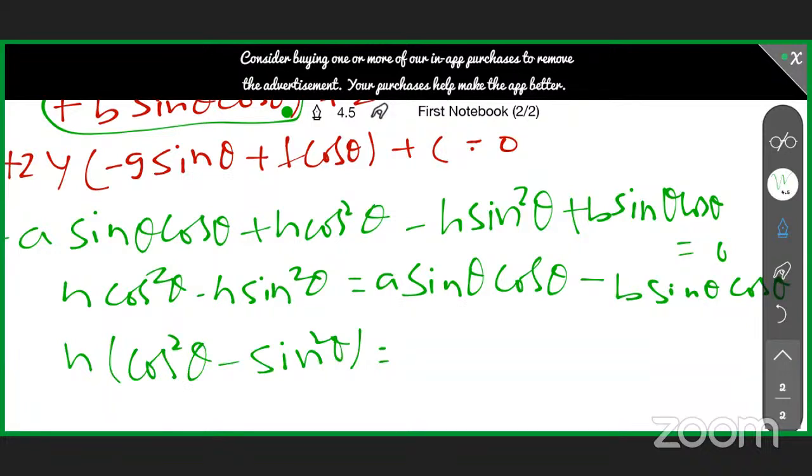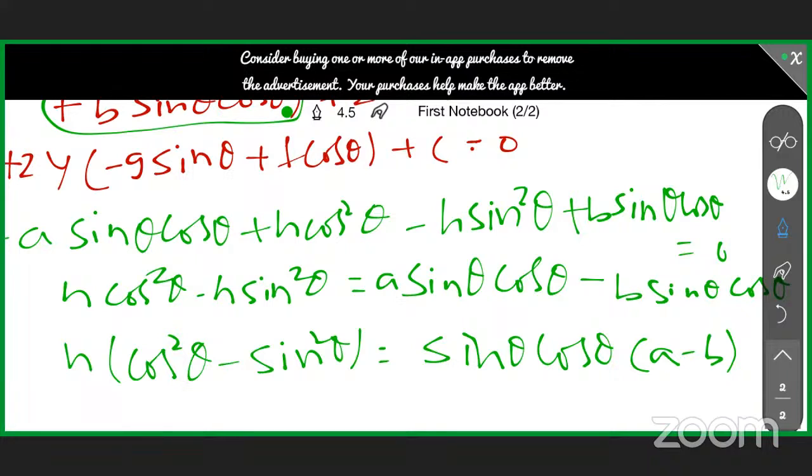It is cos 2 theta. On the other side, I take sin theta cos theta common, so what is left out is a minus b. Yes or no? Yes, sir.